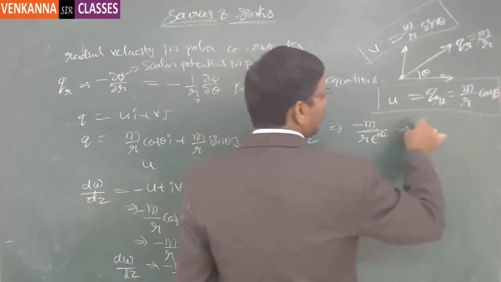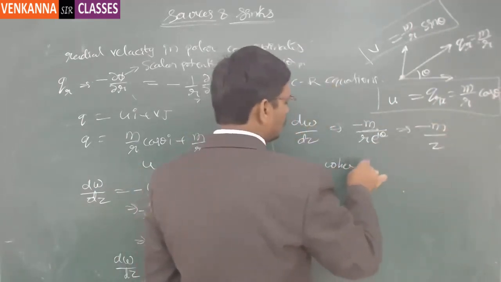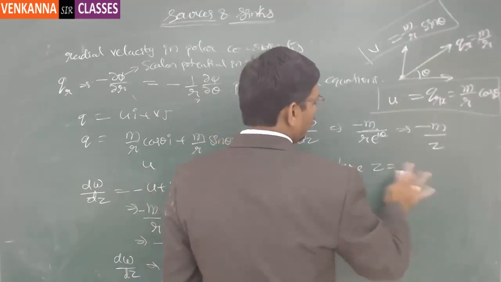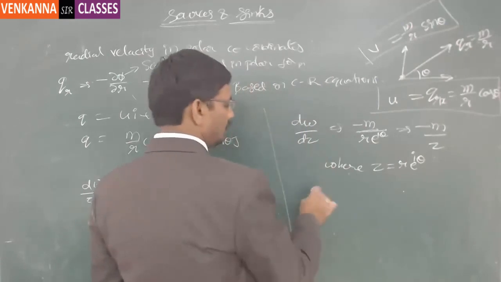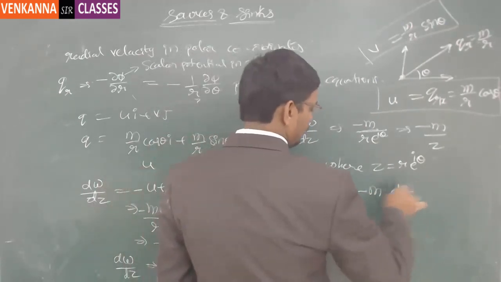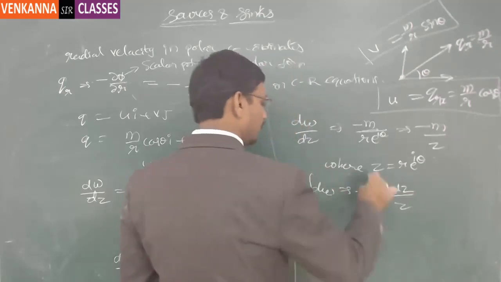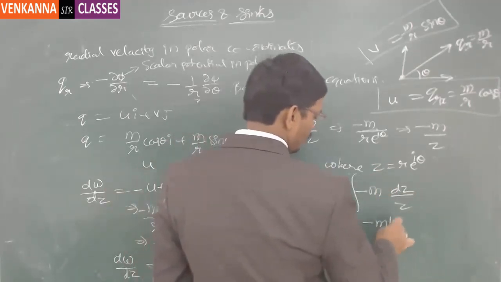So this is minus m by z, where z is equal to r e power i theta, or dw is equal to minus m into dz divided by z. If you integrate on either side, it will be w is equal to minus m log z.